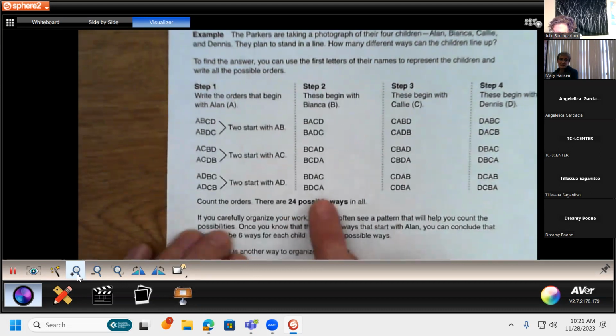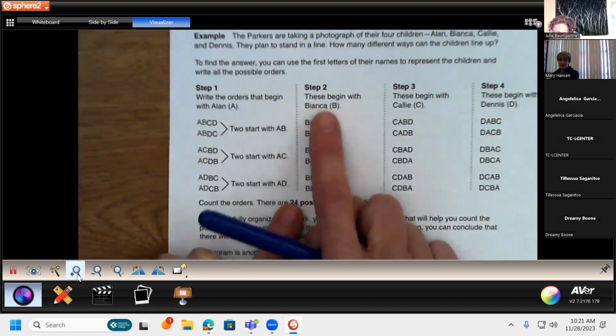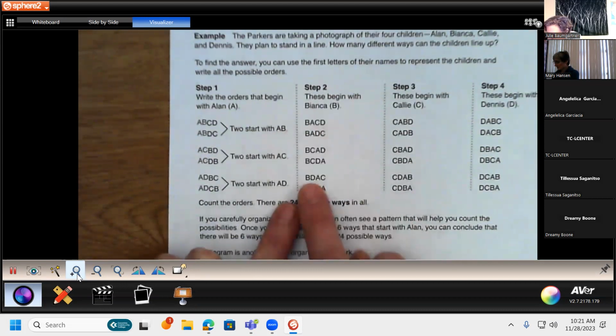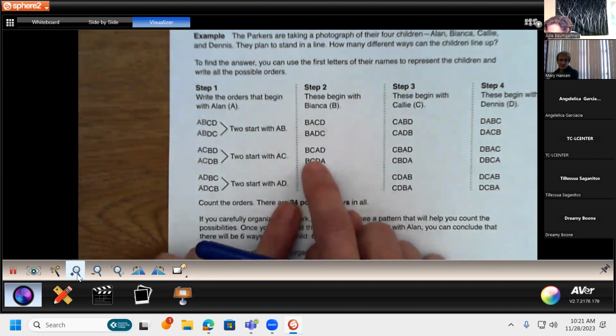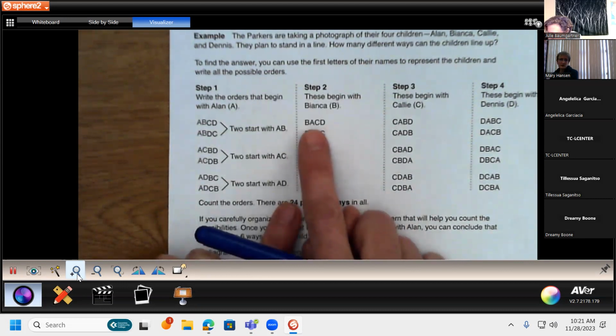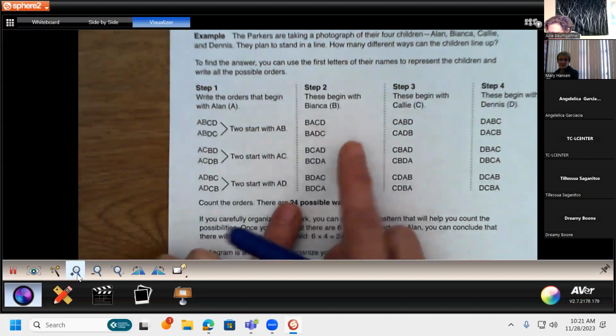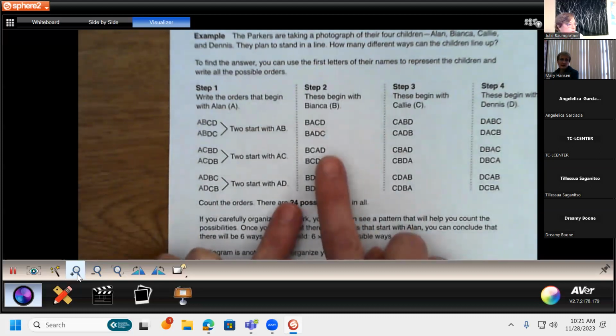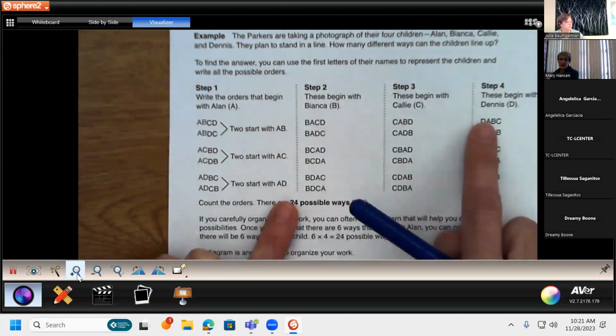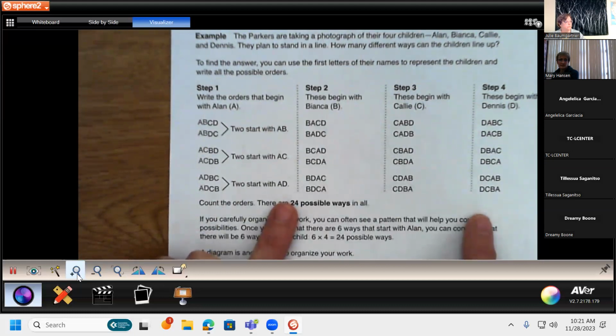So now you have to account for, well, what if Bianca, B, stands on the far left-hand side? And they've just done the same thing. You can have B paired with A and kids C, D, or D, C flipped, and so on. And so they're going about in an organized manner, making lists of how the kids can stand. Okay.